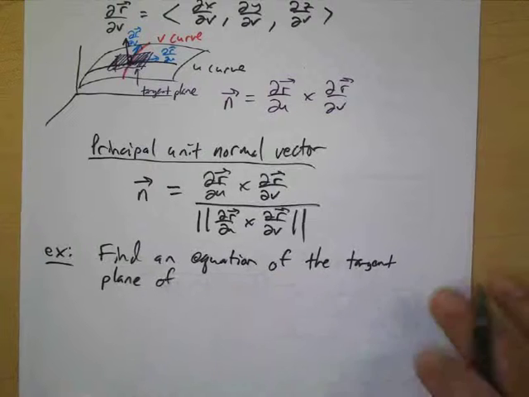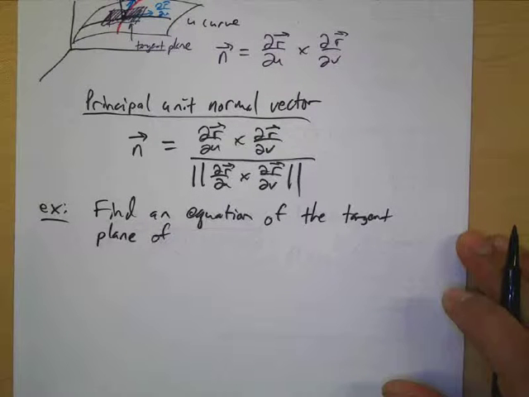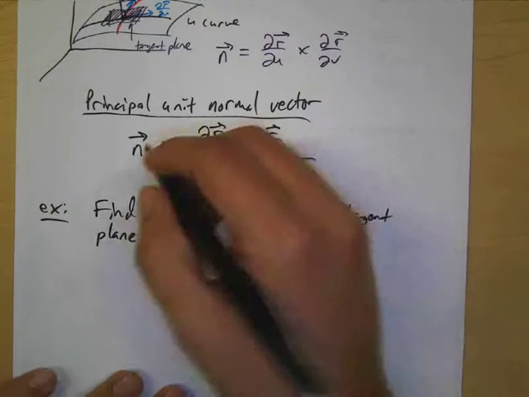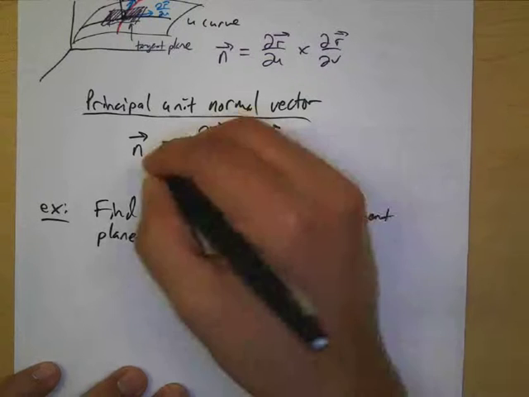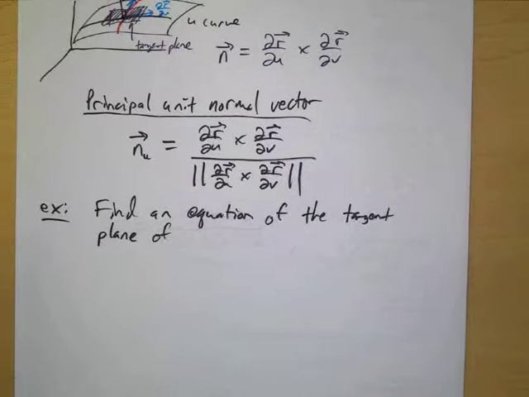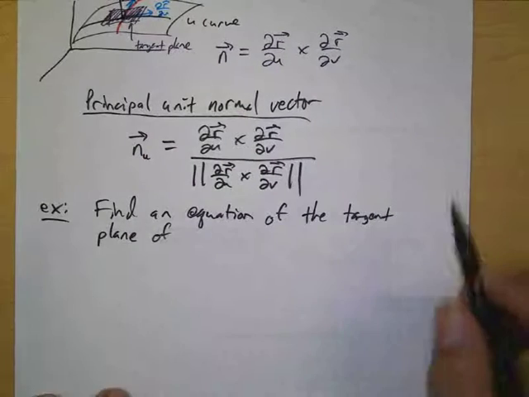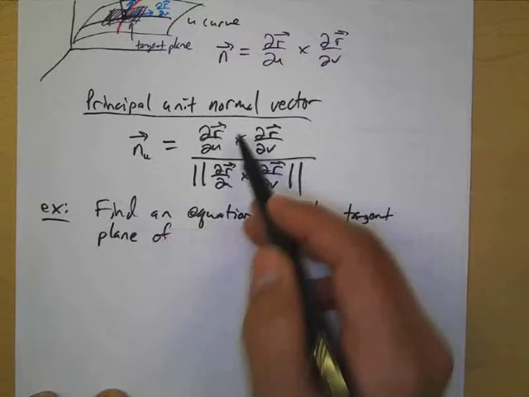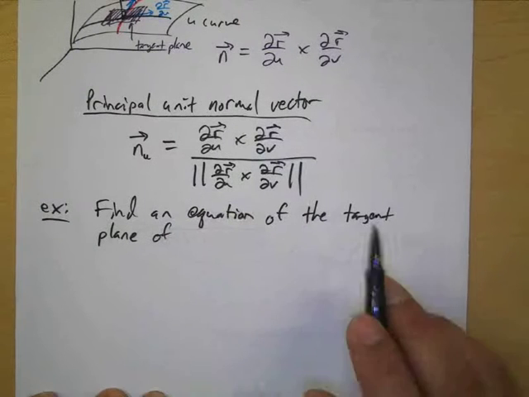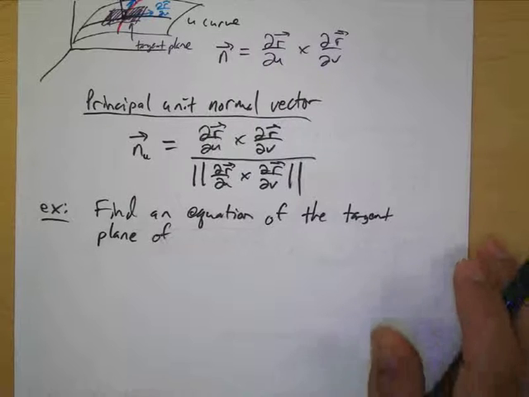Wait, is the principal unit normal vector also an n? Well, yeah, I guess let's make it a little subscript to make it clearer. Okay, so for the principal unit normal vector, we can put a little subscript u so that we can differentiate it from any other normal vector.